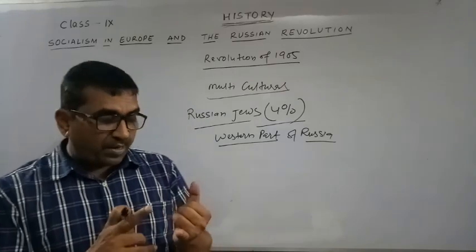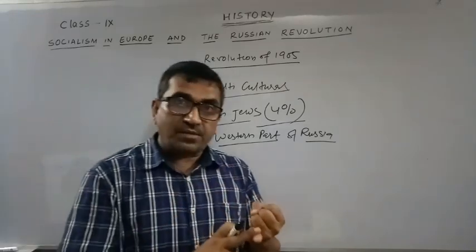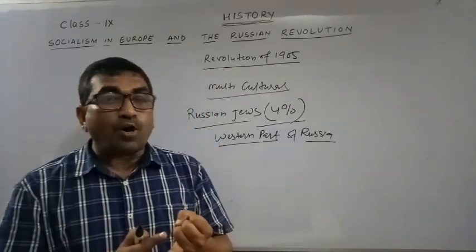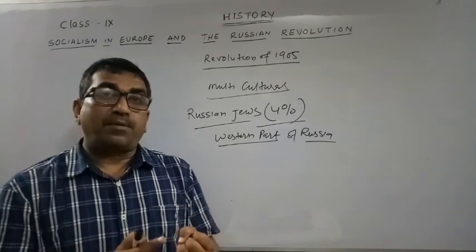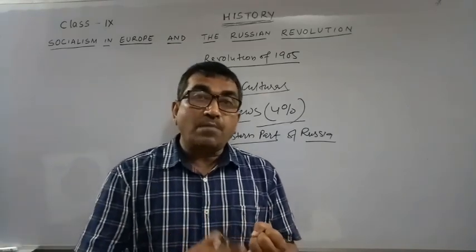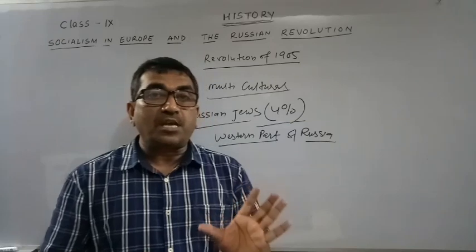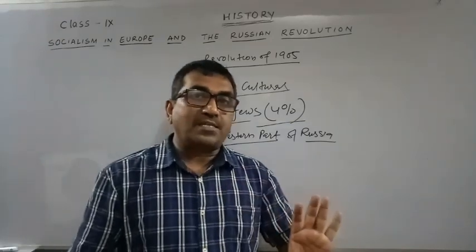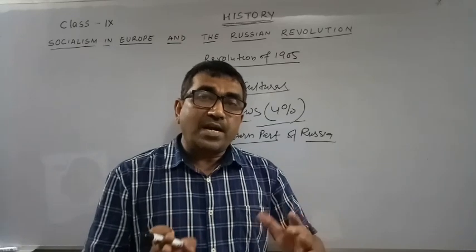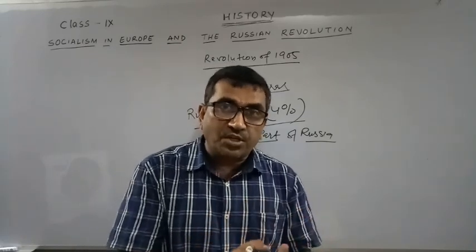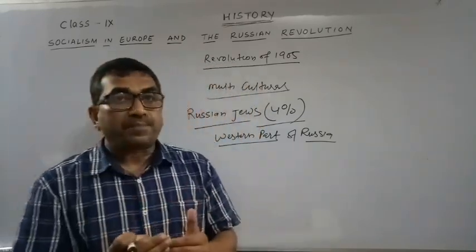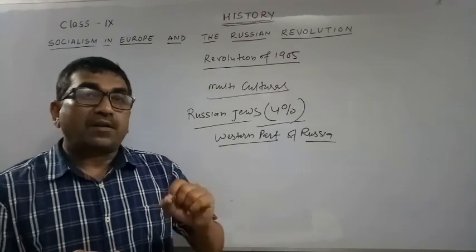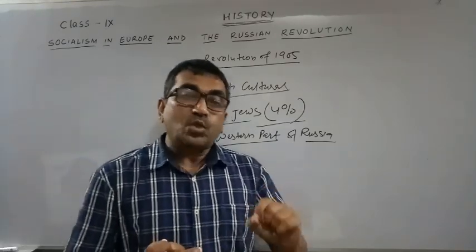It means they were deprived of education, of the voting right, and of the armed forces. They were simply thrown aside. We can say that it was one type of discrimination taking place in the Russian Tsarist government.